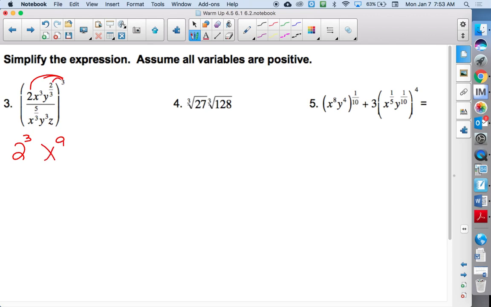And then Maggie, do you know what the y power would be? What's y to the 2/3 and then cubed? If you multiply, so 6/3 just becomes 2, yeah. And then same thing on the bottom, so that 3 goes to every piece of the bottom.